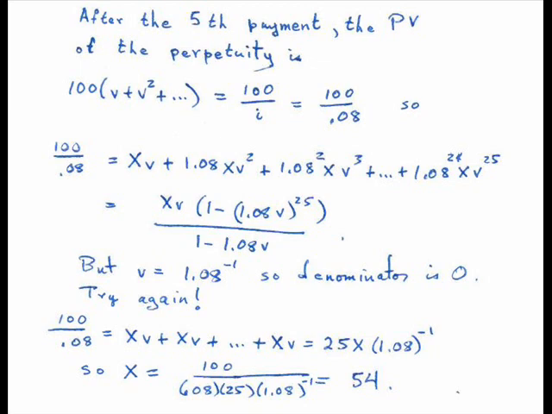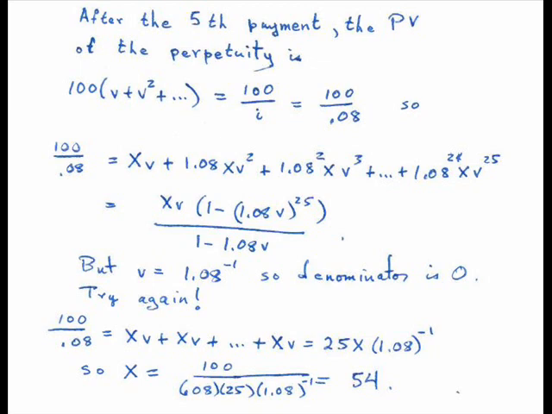The common ratio is 1.08V. You can get that by looking at the second term divided by the first one. So XV times 1 minus 1.08V raised to the 25th power, and that whole thing divided by 1 minus 1.08V.